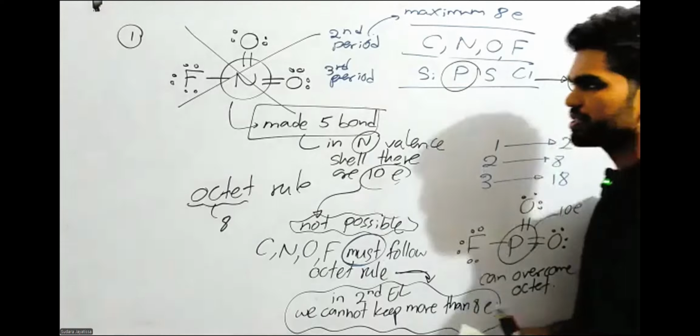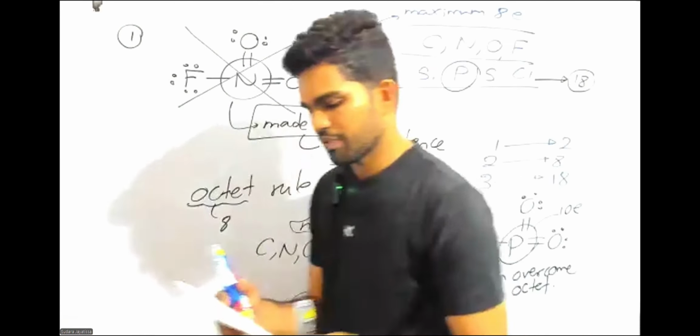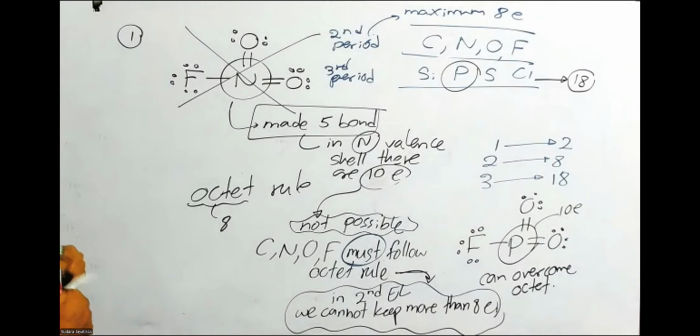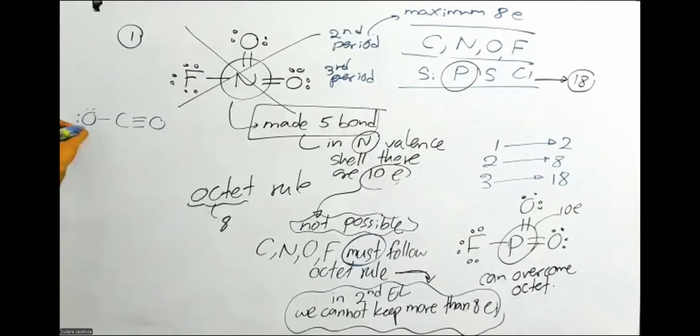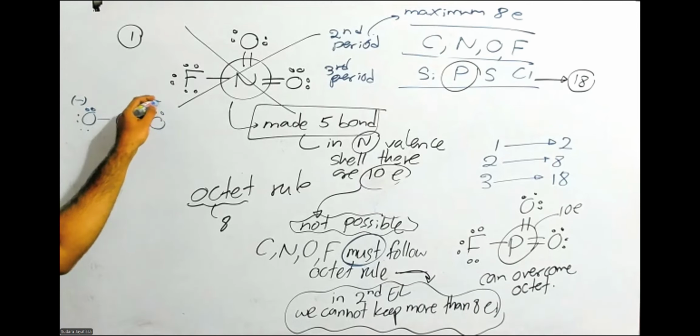Understood, Lamai? So any problem on this one? The other structures are correct. If I take the first one, carbon dioxide, this is a kind of Lewis structure that we can draw for carbon dioxide.